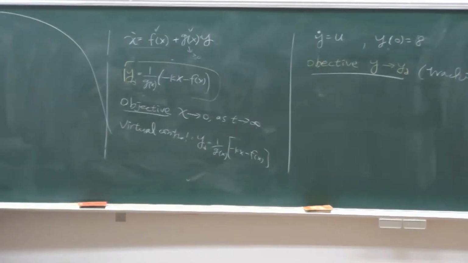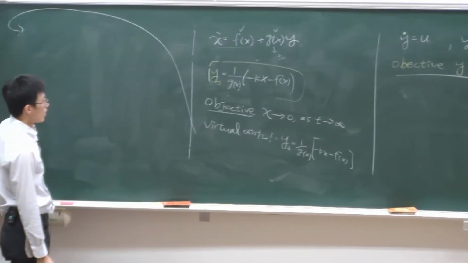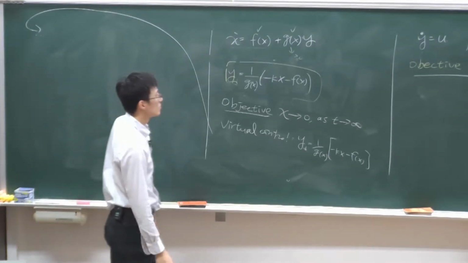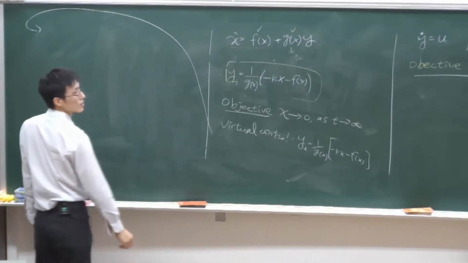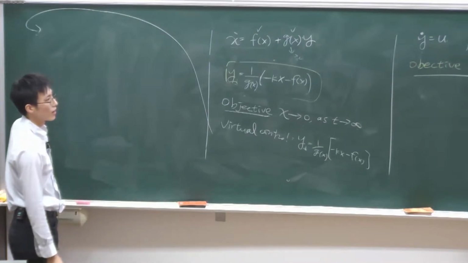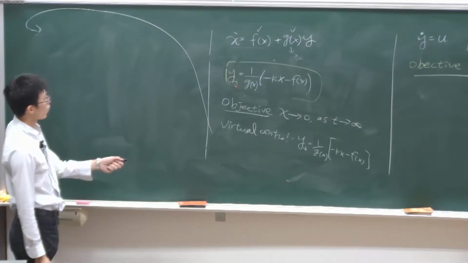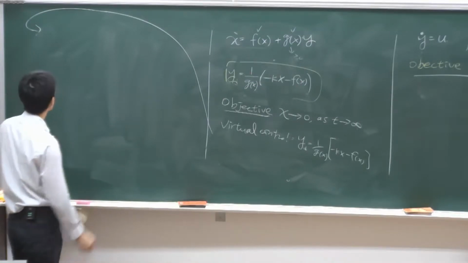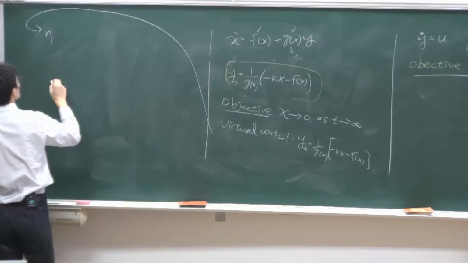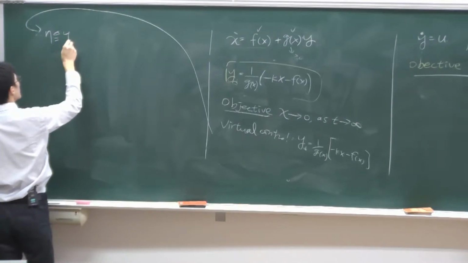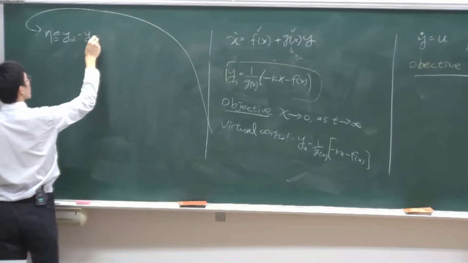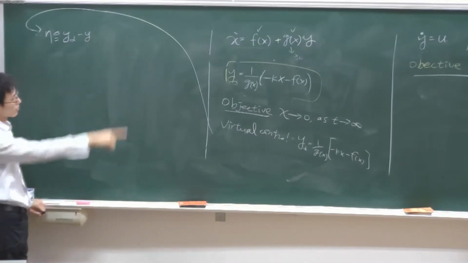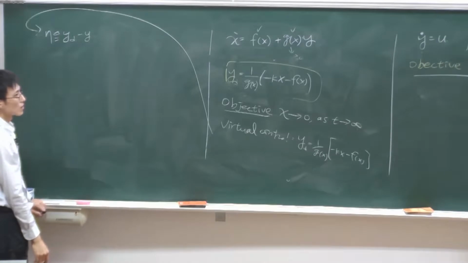First, we know that yd is the virtual control and the desired trajectory is this. And we define a signal eta that is the difference between yd and y. Okay, and that's the tracking error for the second system.